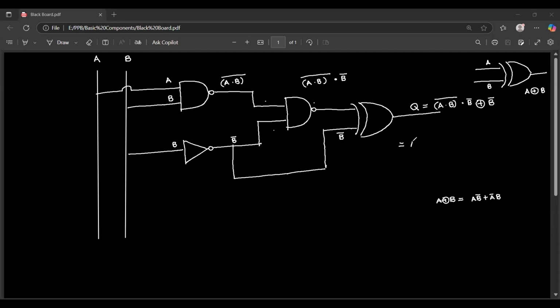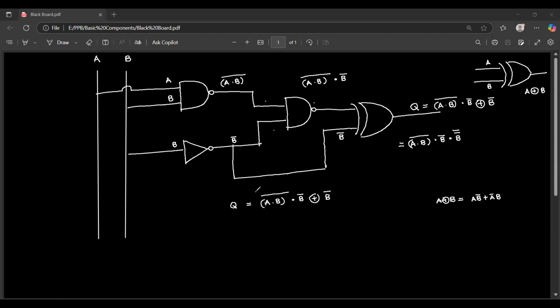Let's say Q is given as A dot B whole thing bar dot B bar XOR B bar. That's what we have.